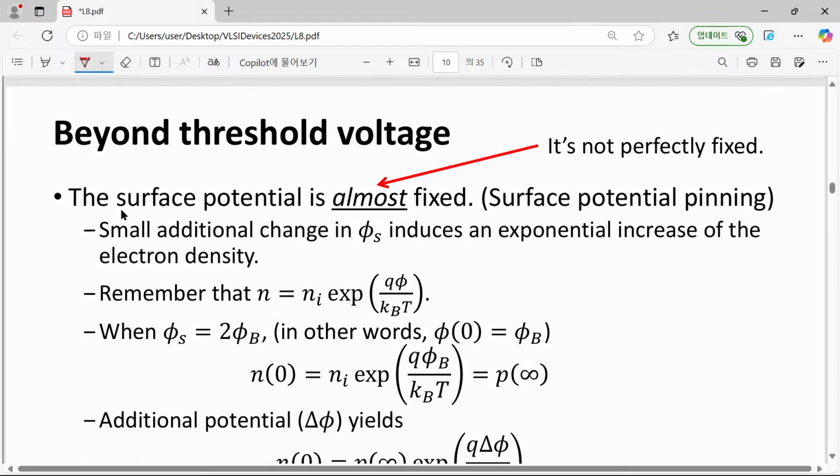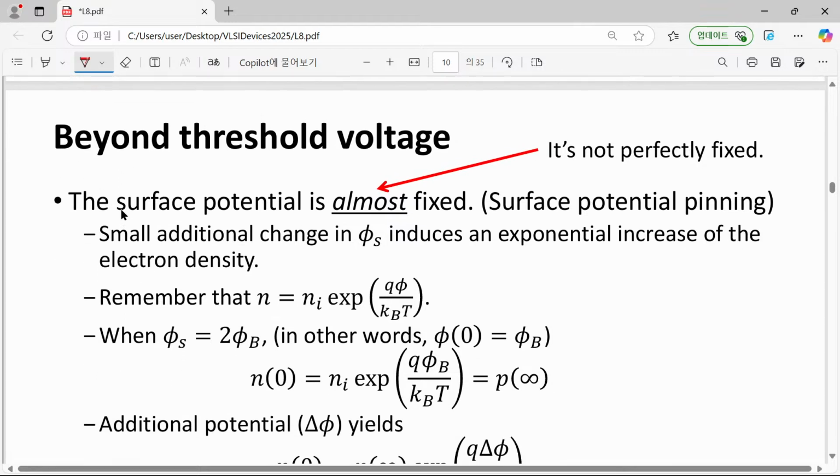And if we go beyond the threshold voltage, meaning that now we have even higher band bending than 2 phi b, then what will happen? Let's consider.